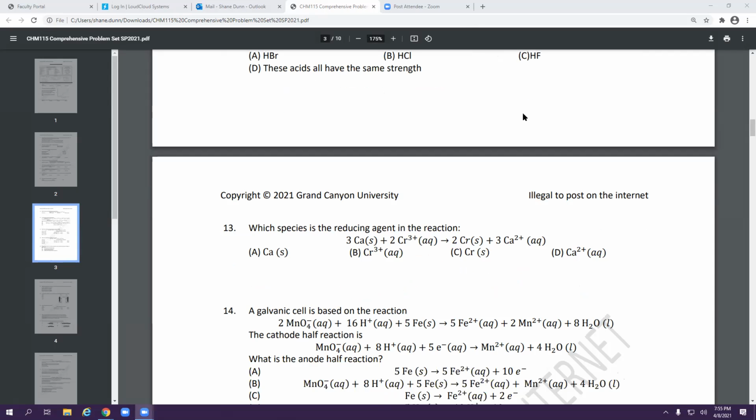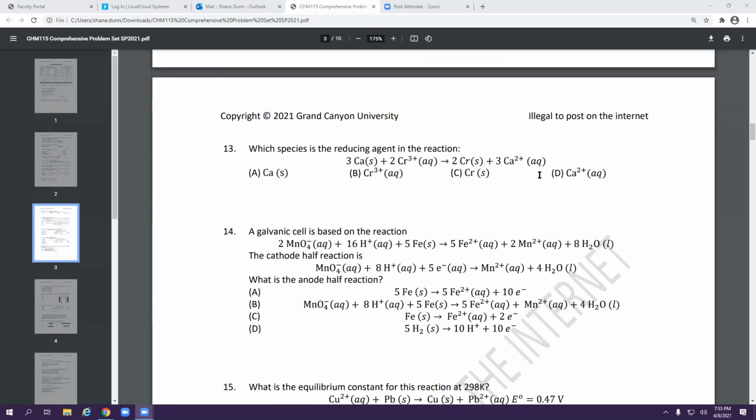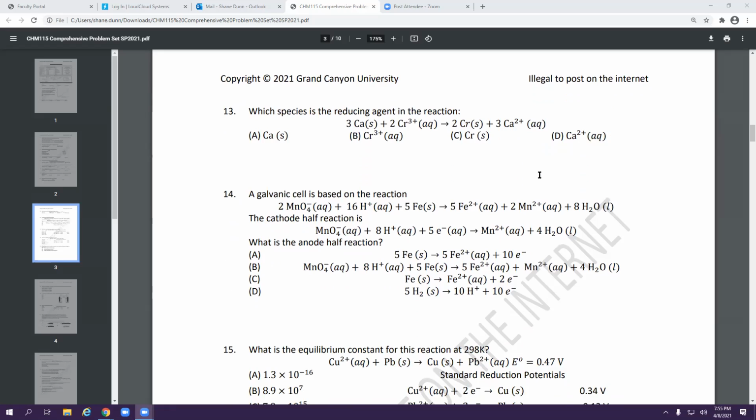Please do not confuse agents with conjugates. They're different. Hey, galvanic cell. What's that mean? It means a battery, right? We mean in chem lab. Okay, we have a cathode half reaction. What happens in the cathode? Reduction. So what happens in the anode?